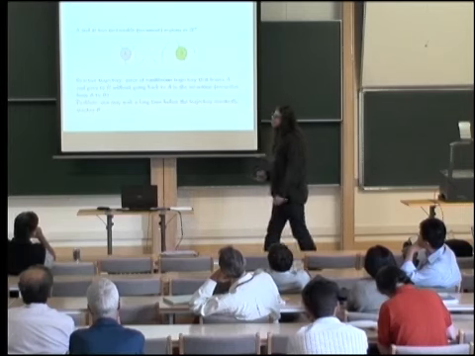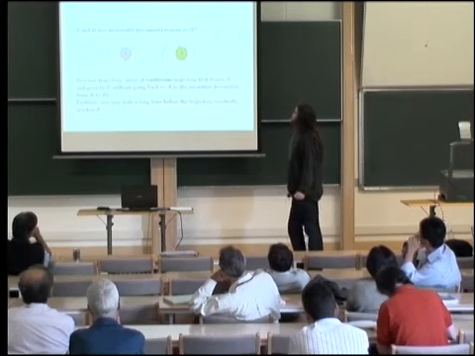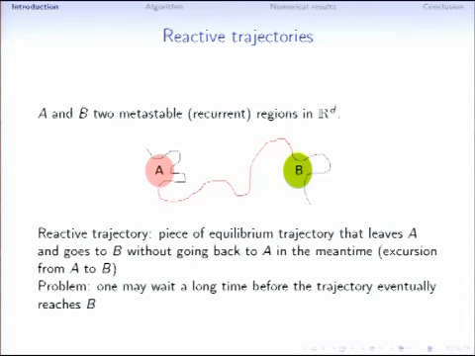What we want to specifically simulate here is what we call a reactive trajectory. So what is a reactive trajectory? Take A and B, two metastable regions in R^D.